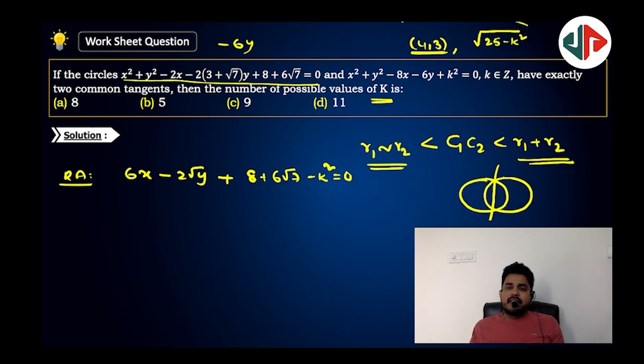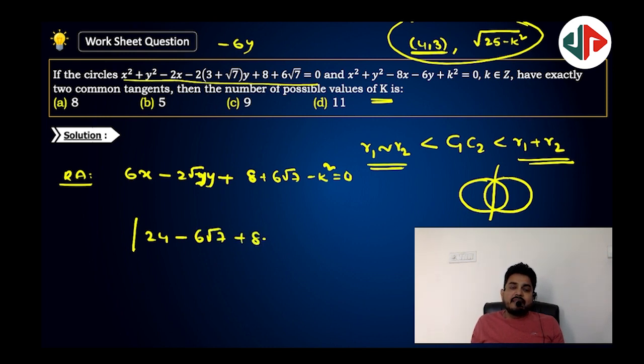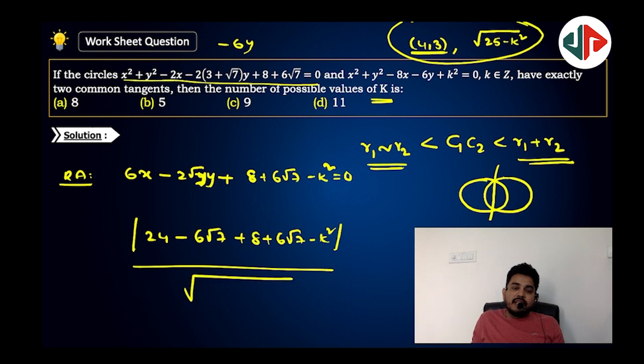So the perpendicular distance from here to this one should be less than the radius. Modulus of 24 into 2 root 7 by minus 6 root 7 plus 8 plus 6 root 7 minus k square, by root over a square plus b square, 4 sevens are 28, should be less than the radius, 25 minus k square.